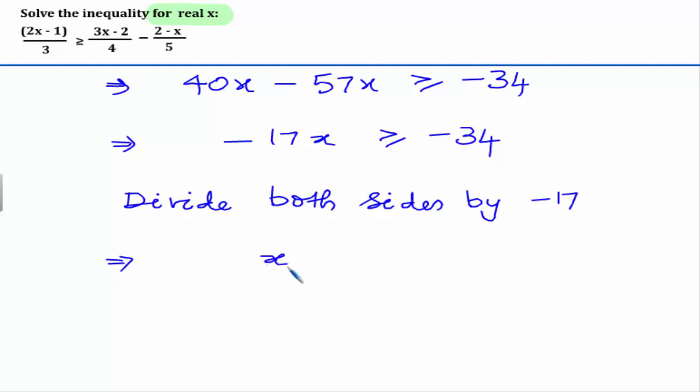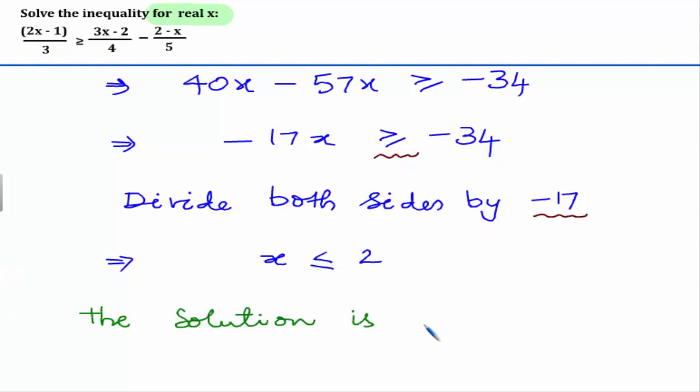We get x here, and when minus 34 is divided by minus 17 we get 2, and when we are dividing with the negative number the inequality symbol changes. So it will be x less than or equal to 2. Now the solution is minus infinity to 2, and here x is equal to 2, therefore we will close this interval.